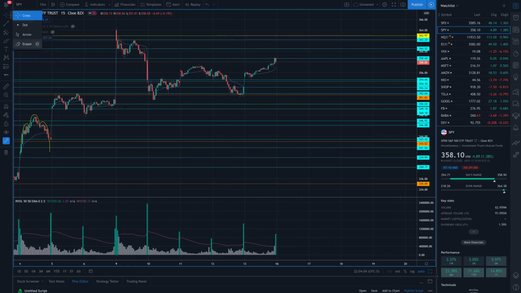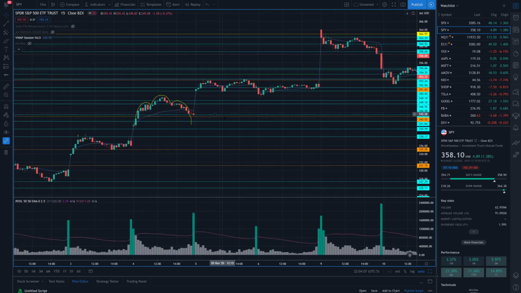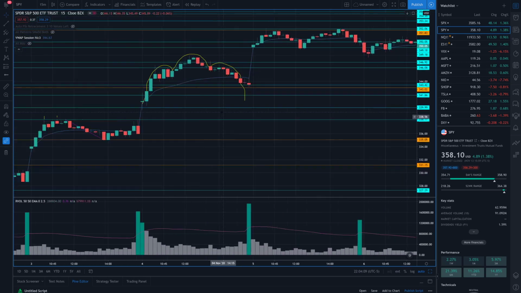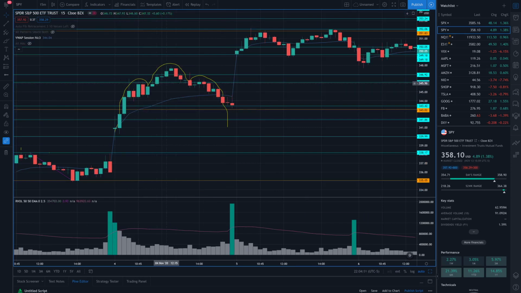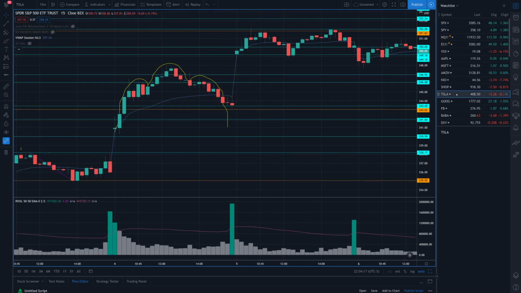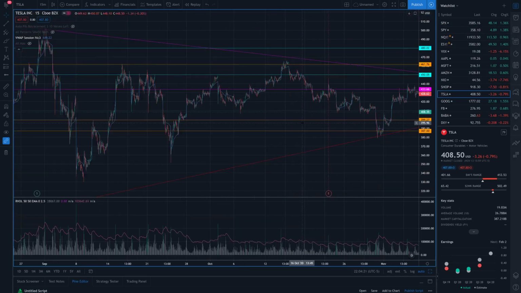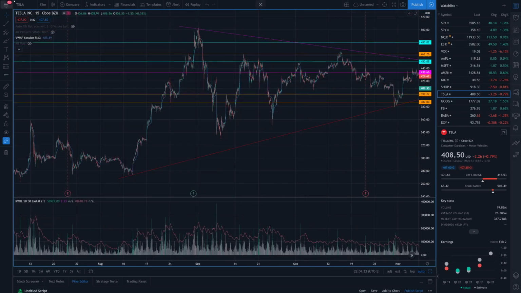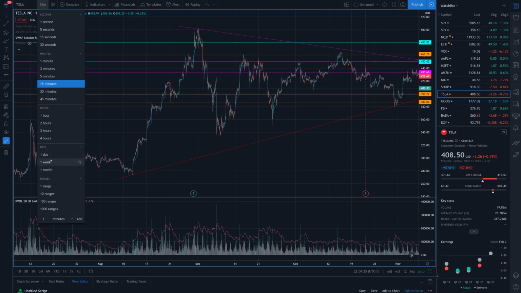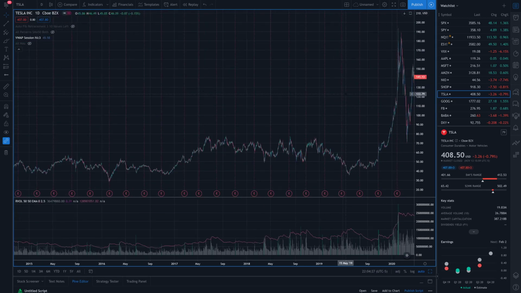So a head and shoulders is what we see right here on SPY. Or maybe, let me see if Tesla has a better example. Okay, yeah, Tesla probably has a better example. And I'll draw this out live.